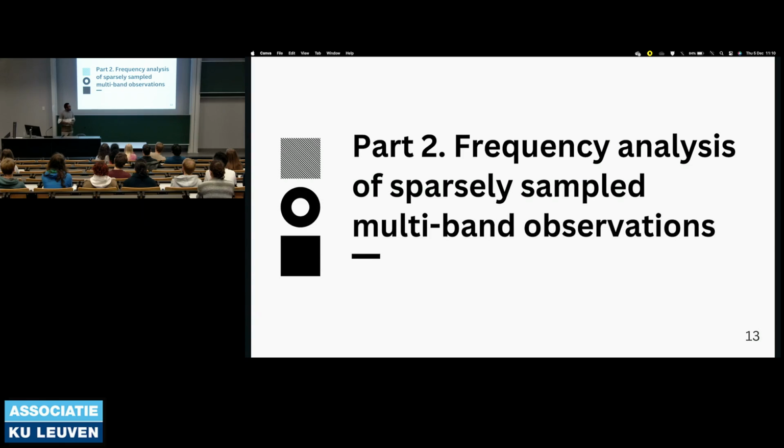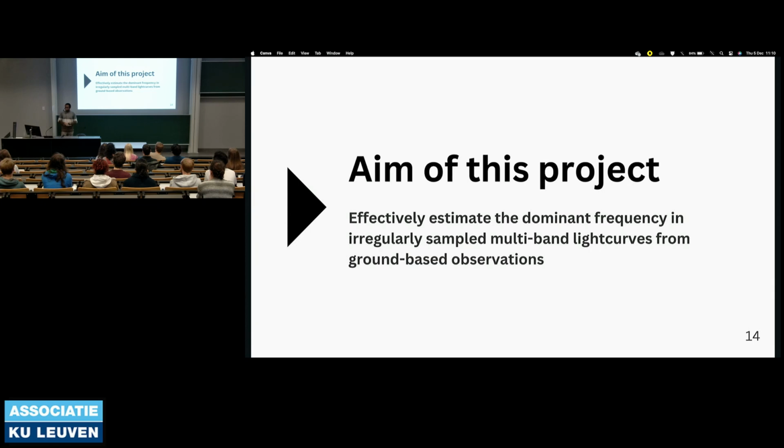Now let's move on to the first part of my project. This project is about the frequency analysis of sparsely sampled light curve data. The aim is to effectively estimate the dominant frequency in irregularly sampled light curve data, mainly from ground-based telescopes.